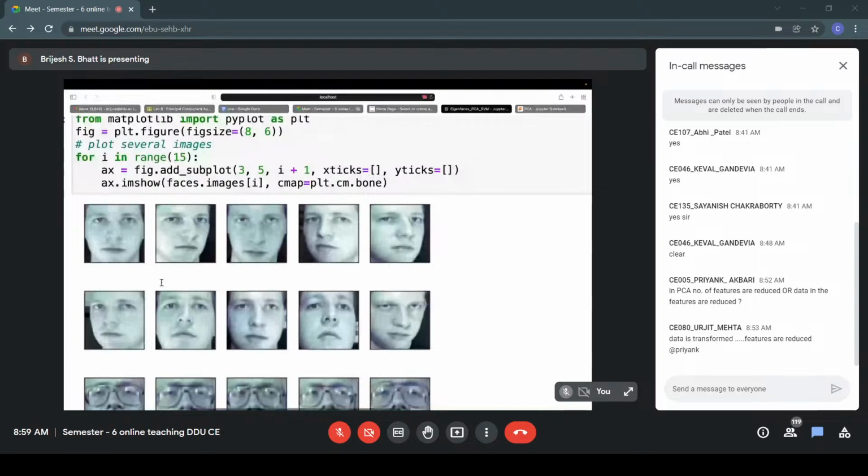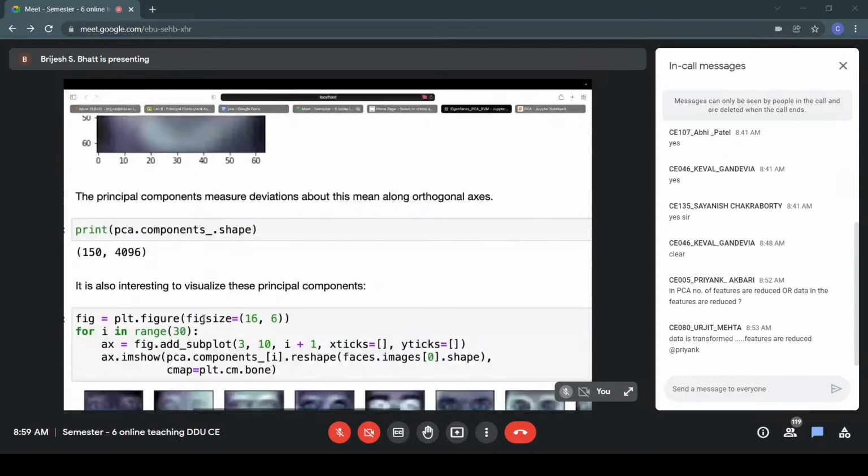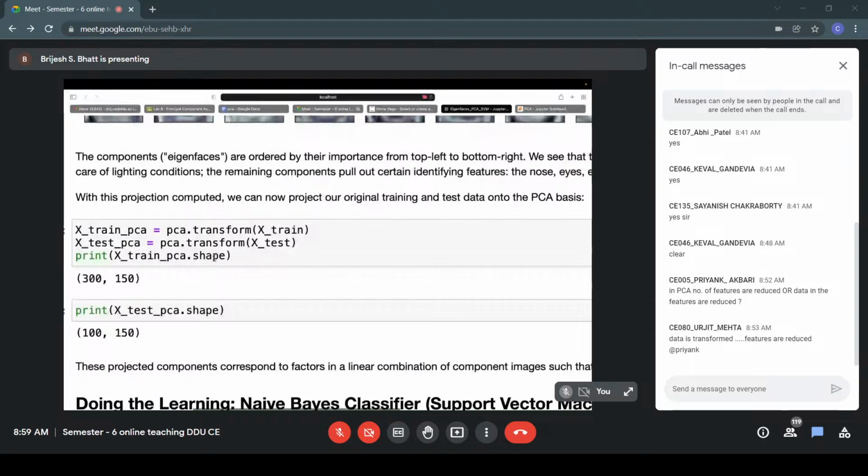So that is the same principal component steps that we did earlier. But the difference is that we are looking at the image data set now. So same transform, and then we can use this PCA transformed data to perform classification.